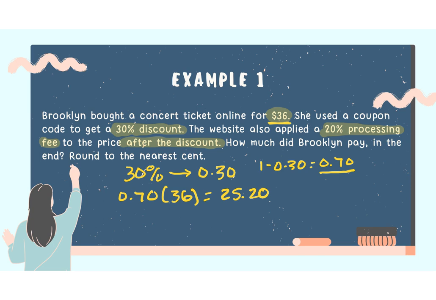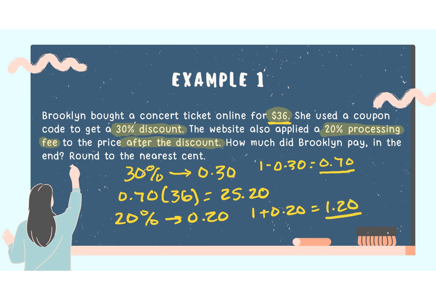Now the website has a 20% processing fee, which is an increase, so 20% into a decimal is 0.20. It's an increase, so I do 1 plus 0.20, which is 1.20.